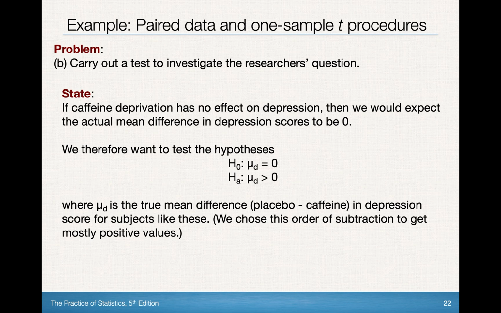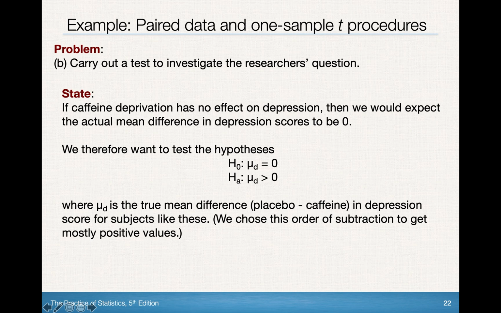Let's just say we did caffeine minus placebo. If we did that, we'd be looking at the other tail of the distribution, and therefore our alternative hypothesis would be mu sub d is less than 0 if we did caffeine minus placebo. So it's important for this sentence here to tell me which one you subtracted from.